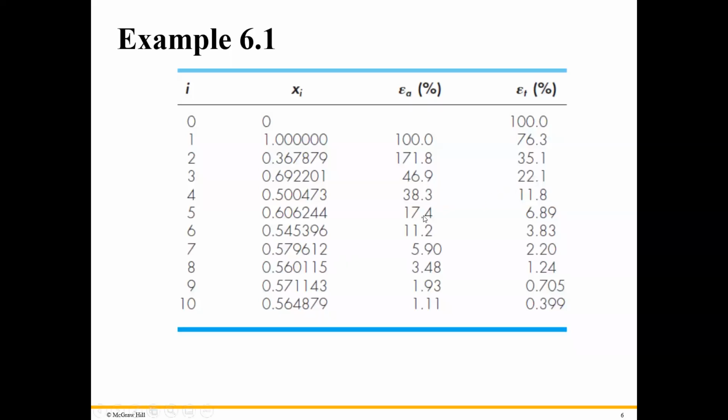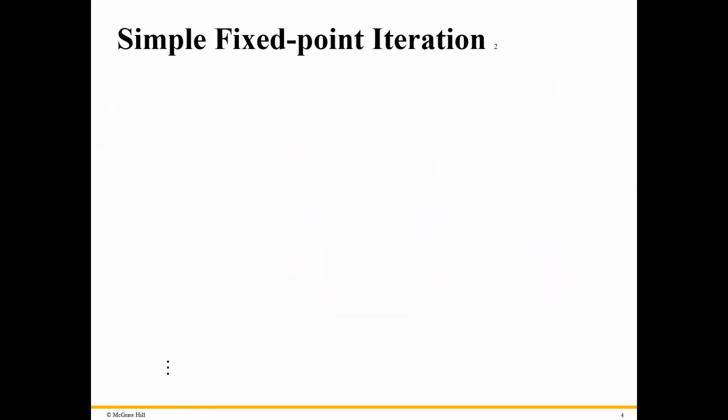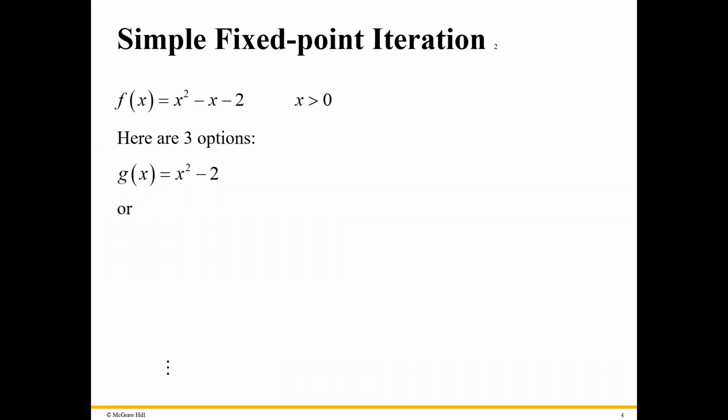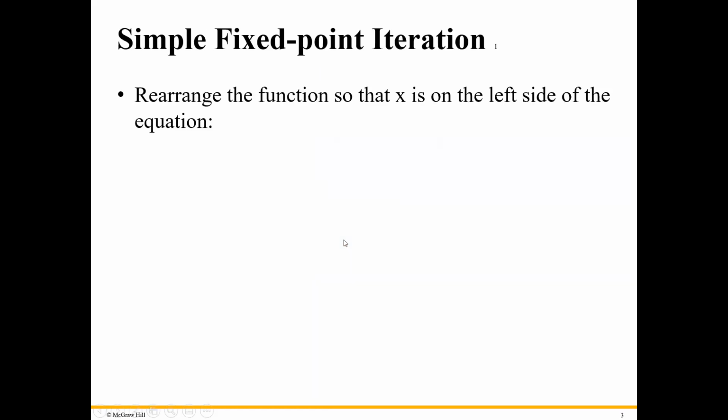So starting from the previous lesson, we covered example 6.1 regarding the simple fixed point iteration method. In this method, we write the equation in the form g(x) is equal to x.